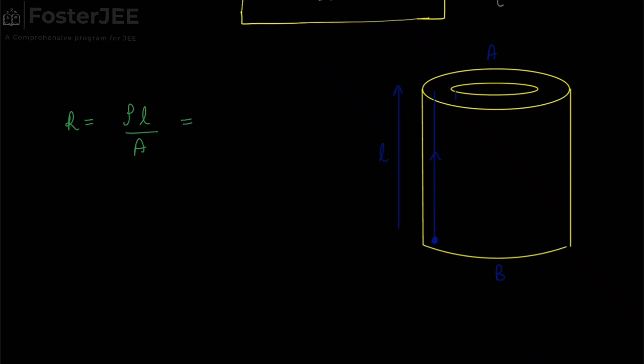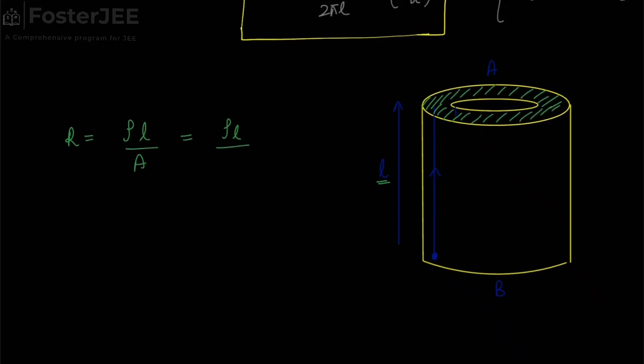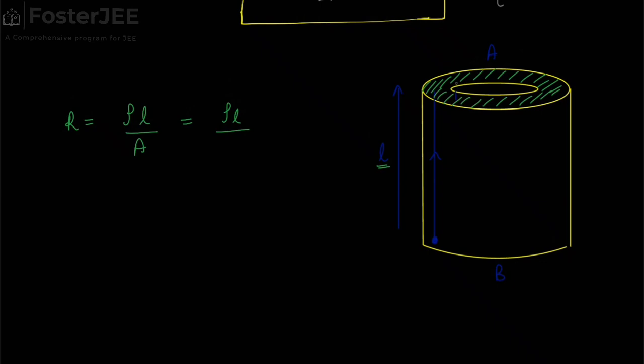Now, L is equal to L only here. But what is the area of cross section through which the charge is being passed? We will see that all of this area is responsible for transporting the charge. So we will take this area. Hence, area of cross section of this part will be pi of B square minus A square. Why?